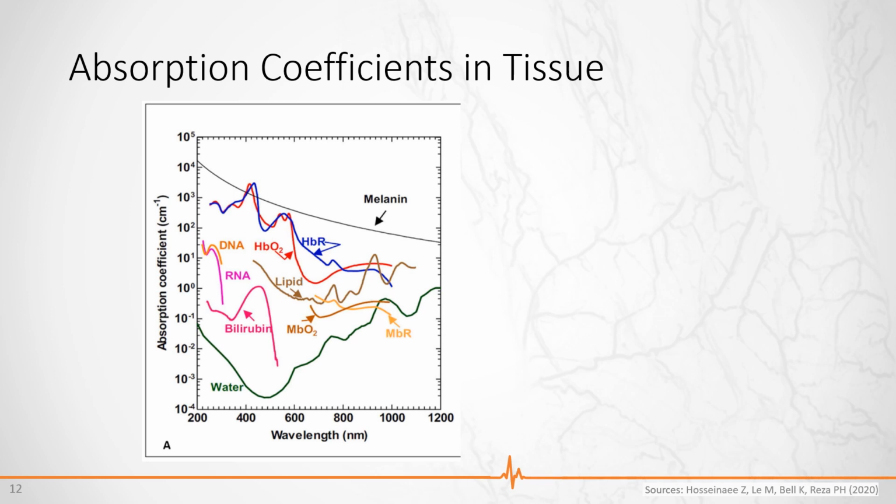They differ for certain wavelengths. Therefore, with two lasers at different wavelengths, it is possible to measure blood oxygenation. The same is true for myoglobin, the transporter of oxygen in muscle tissue, MbO2 and MbR.